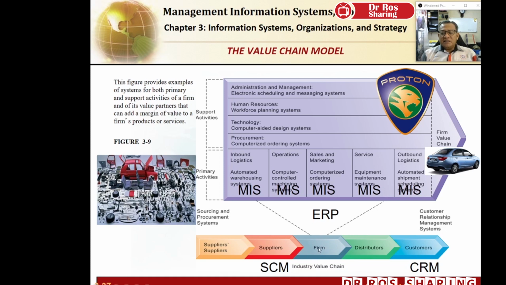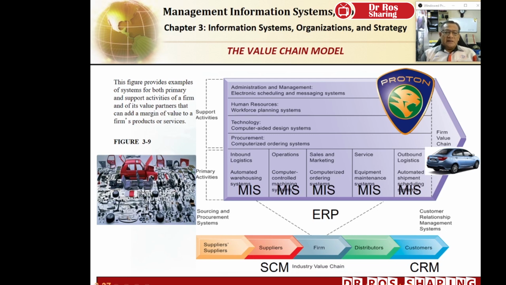And Proton then subsequently distributes the finished product to distributors, like to their showrooms and their agents, and then customers buy Proton Saga from distributors. So this is the value chain, from tier 2 suppliers up to the customer. This makes up the value chain model.